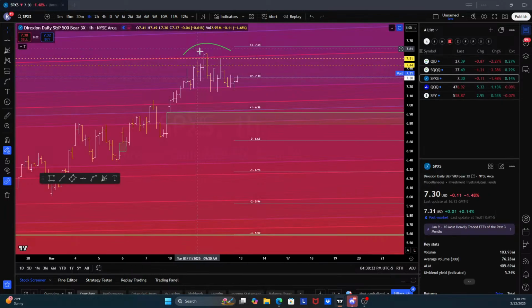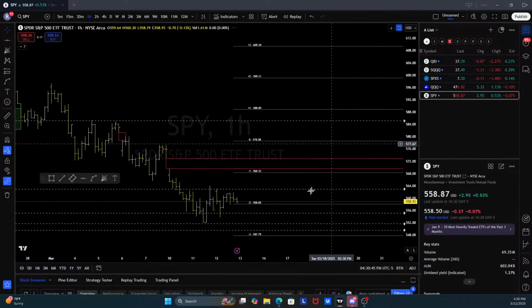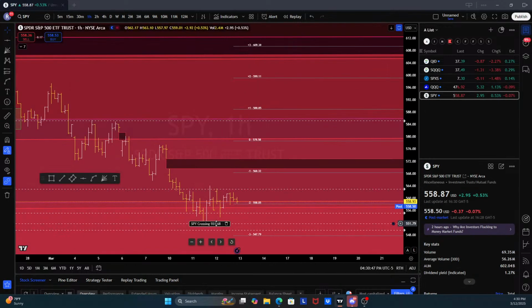So if we look at how it mirrors, it's the same thing. You catch the top, play the exhaustion move from $7.56 down to $7.14. You see a nice 551 back up to 563.